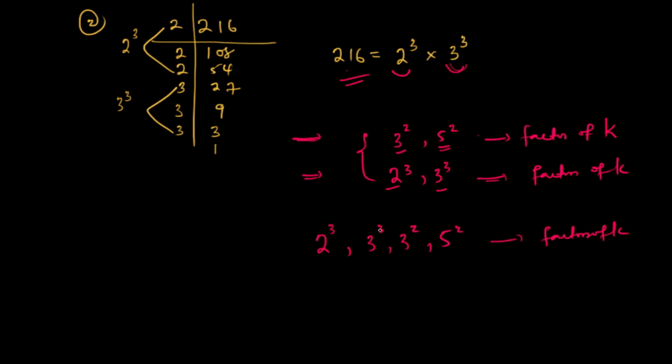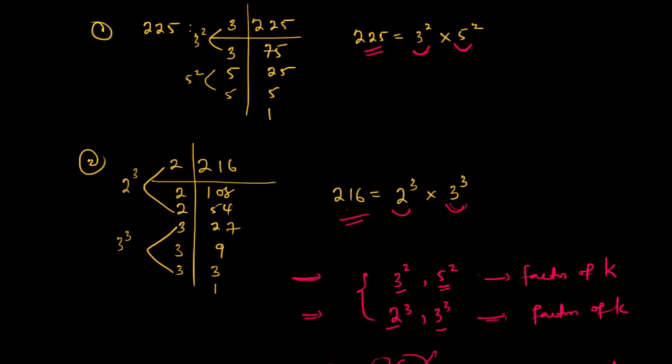So if 3 cube is a factor of k and 3 squared is a factor of k, you might decide not to write both. Let's just choose the one that has the highest exponent. If 3 cube is a factor and 3 squared is a factor, we know that 3 cube is going to be a factor of k.